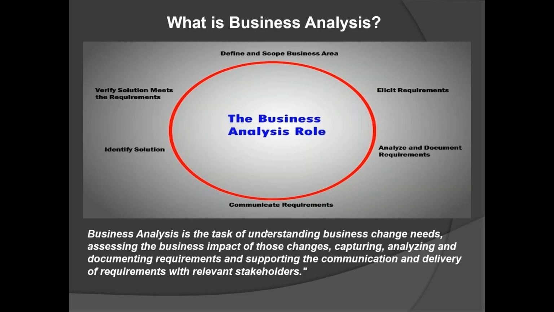What is the SDLC process, what are the different stages in SDLC, and what are the different types of developing a project, the methods and models? Then, what are the areas where the BA should have knowledge? Then we will see requirements: what is a requirement, how many types of requirements are there, how to identify a good requirement, and how to gather a requirement. Then we will see about documentation.